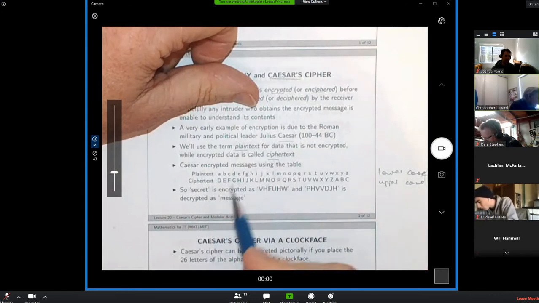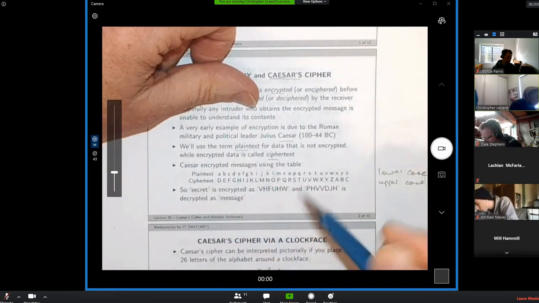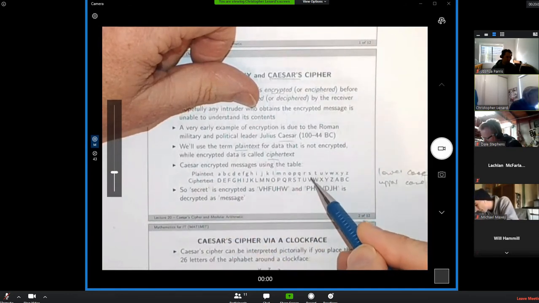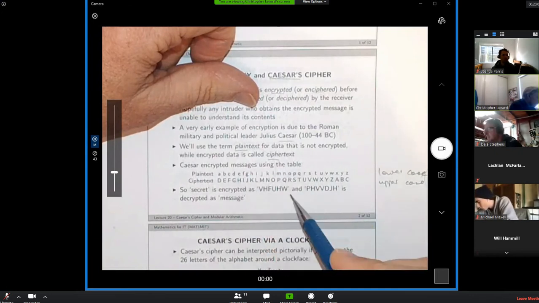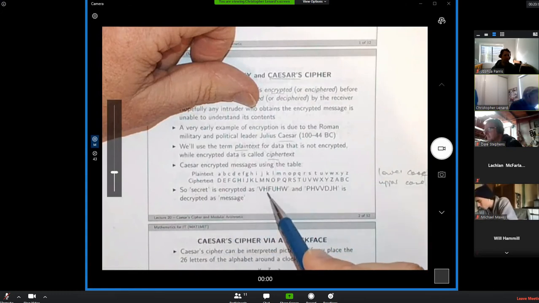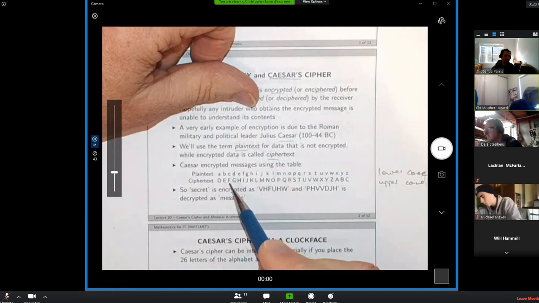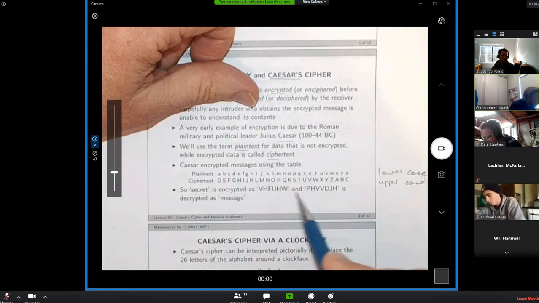So you want to send the plain text word secret, and how we'll encrypt it is: S becomes V. E becomes H. C becomes F, so there's our F. R becomes U, and then notice E becomes H again.